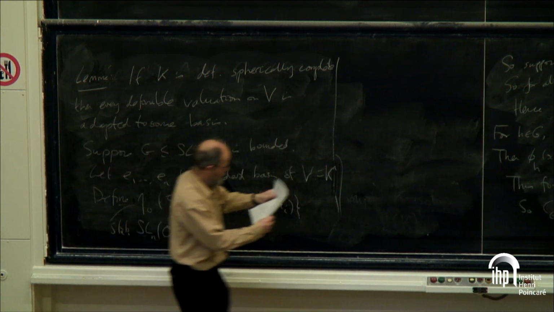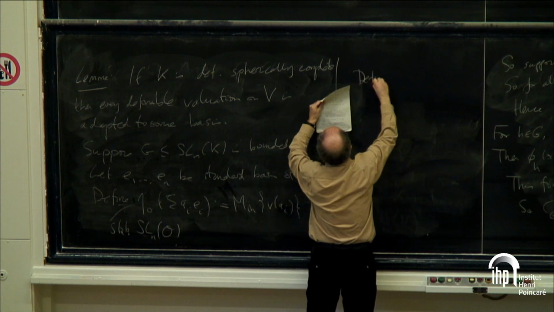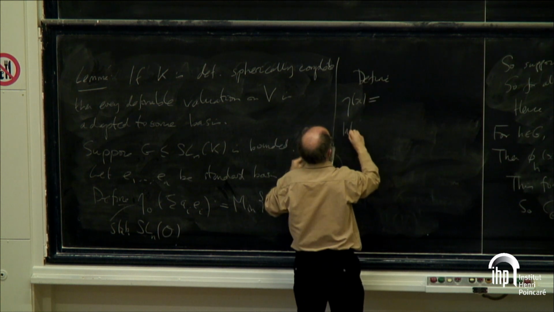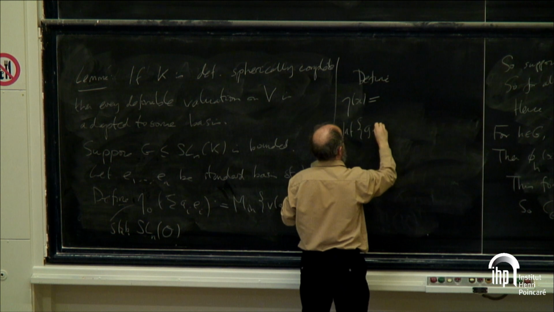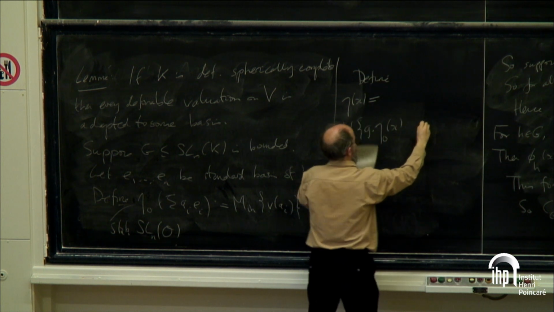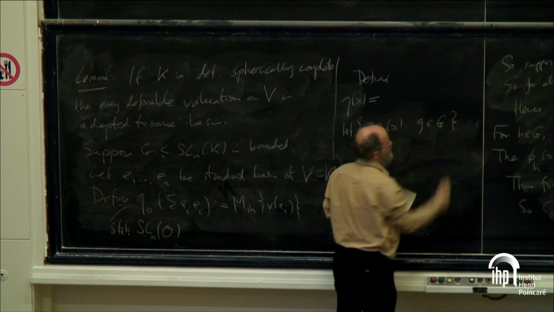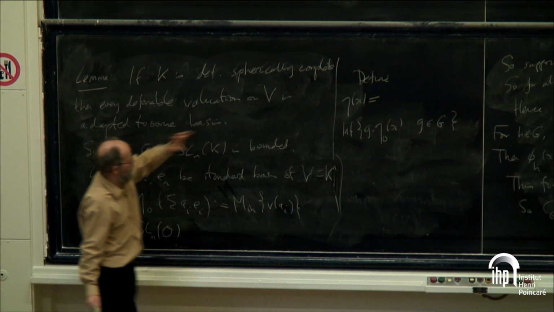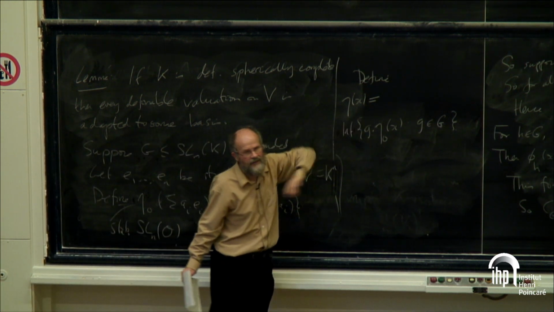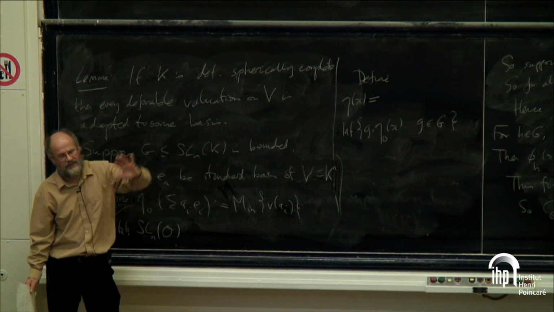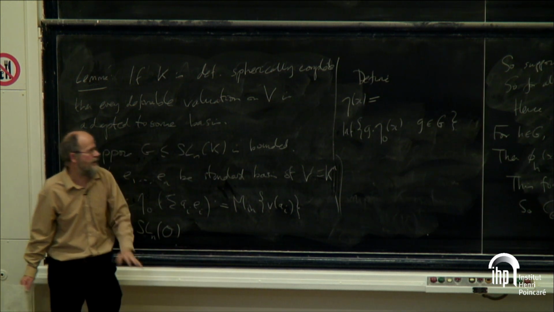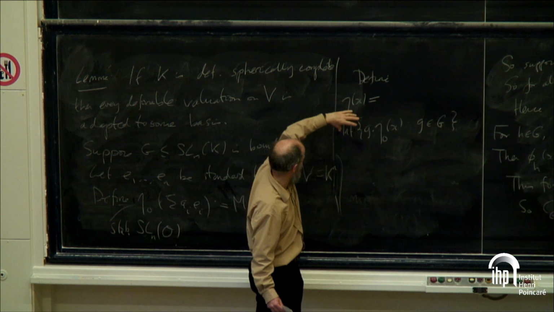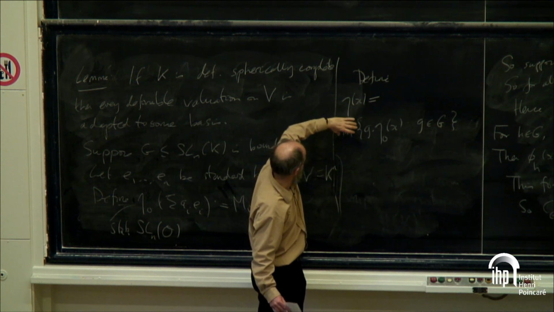So we define eta of x to be the infimum of g dot eta naught of x, where g is in G. Here I'm pushing some details under the carpet. Essentially, we have to justify why taking an infimum makes sense. In some situations we have to take a definable coarse valuation, which involves a little bit of work, possibly taking it as a quotient valuation or a coarse valuation.